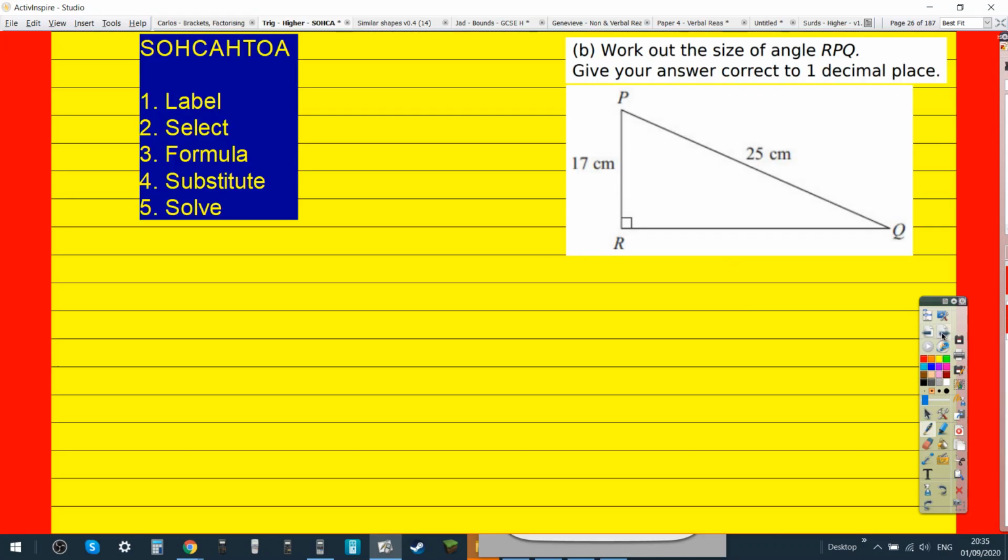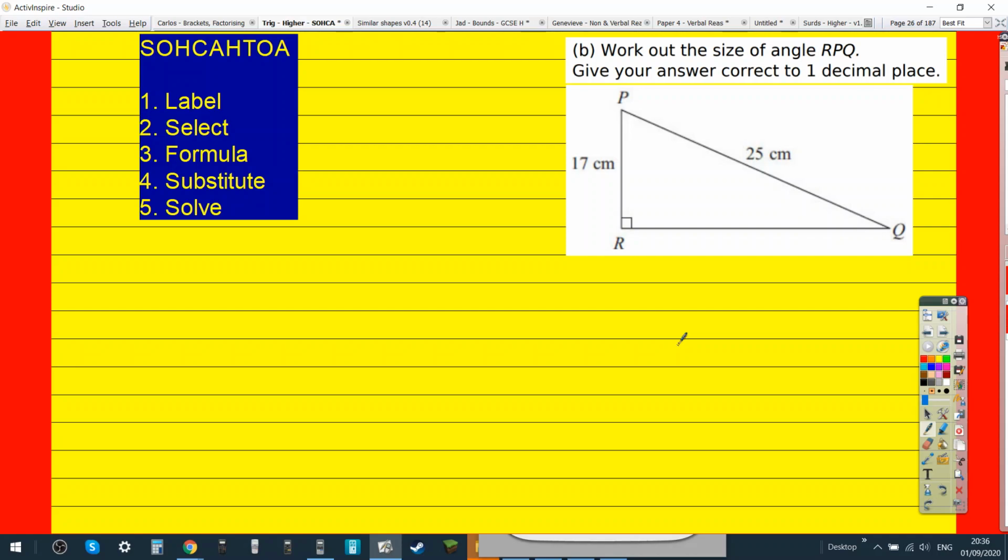Okay. Exam question. Let's try it. Work out the size of angle. Give your answer correct to 1 decimal place. Okay, so wait, where's the angle? RPQ.